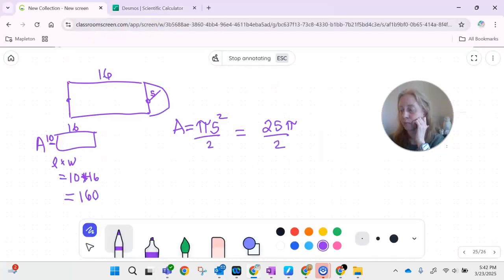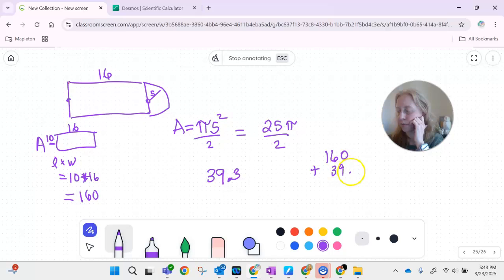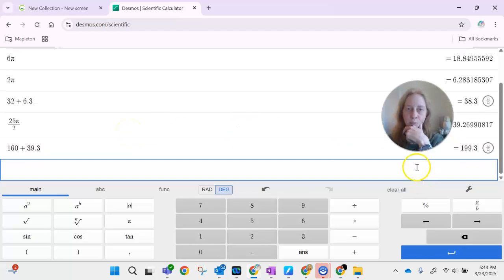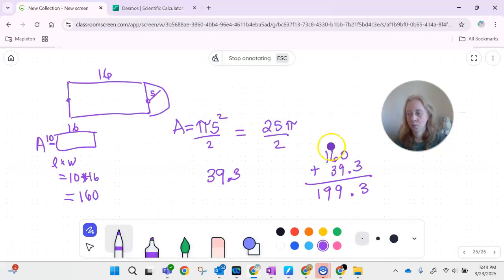So 39.3 is my semicircle. And so 160 plus 39.3 is 199.3, but I can always check myself here, 199.3.